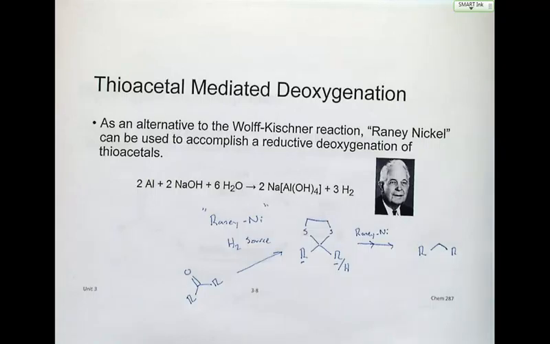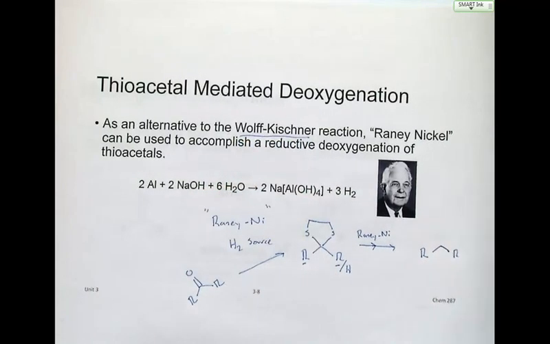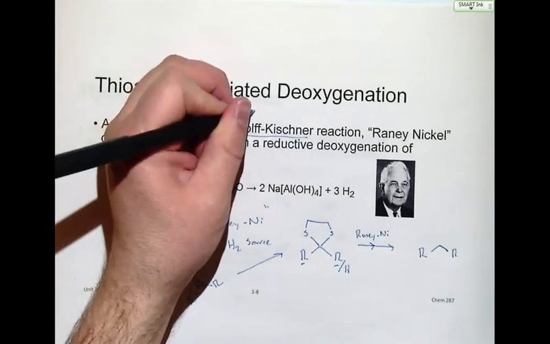So this is complementary to what other reaction that we've already learned? Yeah, I'm not even reading my own slides. The Wolff-Kishner. Well, how do we do the Wolff-Kishner again? What reagent do we use to initiate that thing? The conditions.